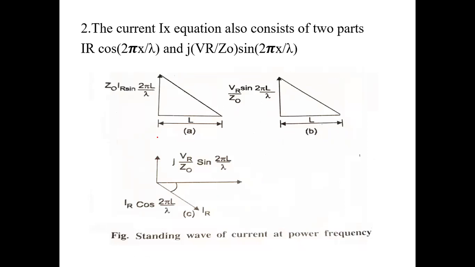This is the first vector diagram. Similarly, we can draw the vector diagram for the second case, that is the second part of your voltage vector as well as the second part of your current vector.